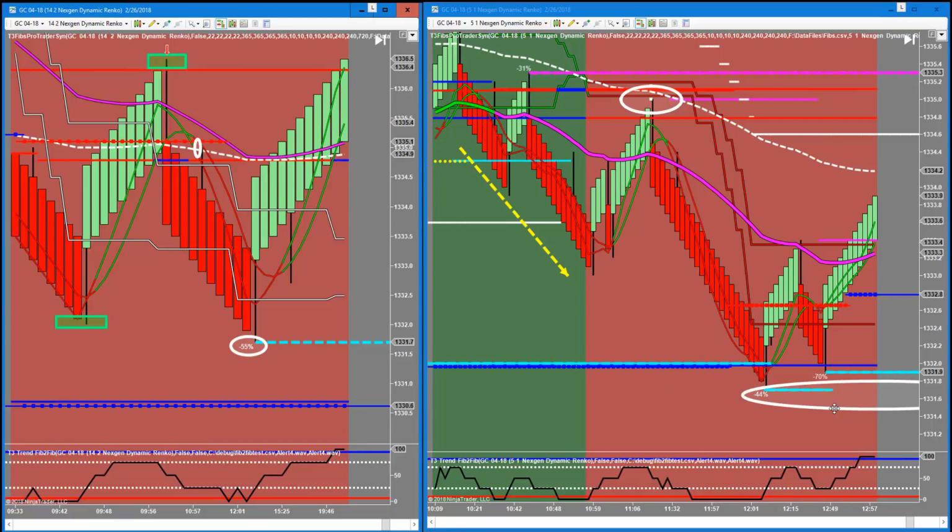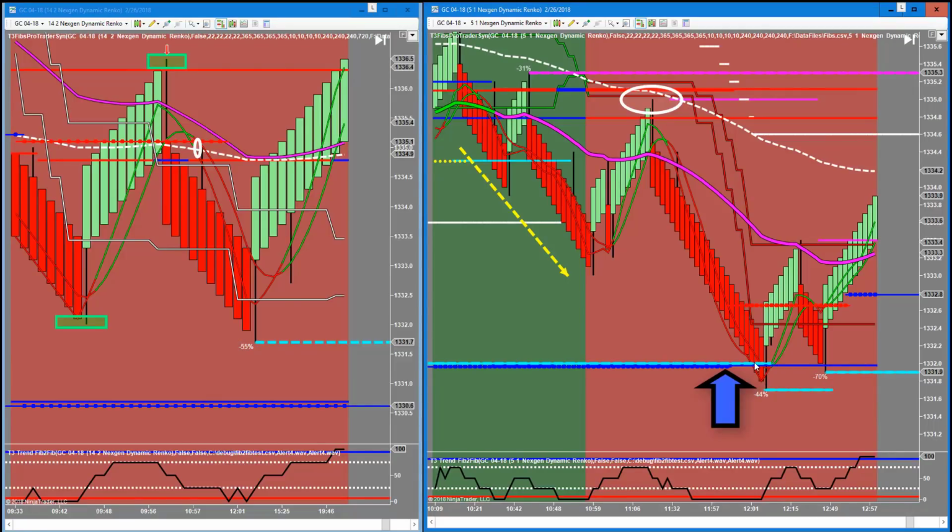Now we have the added benefit of our small charts not only having a prior divergence low at that spot, but also having Fibonacci support at 1332. This would be an absolute target for us.